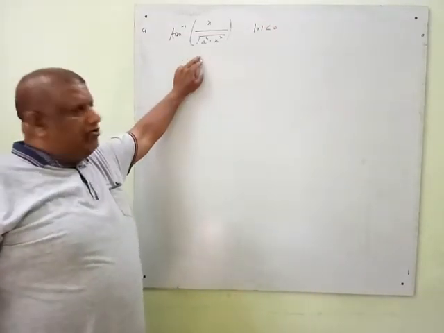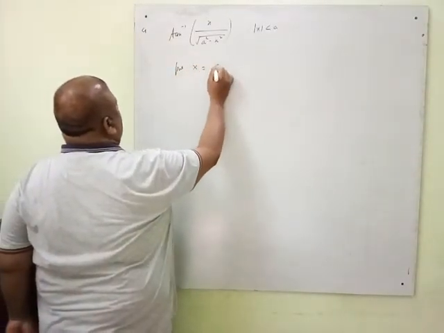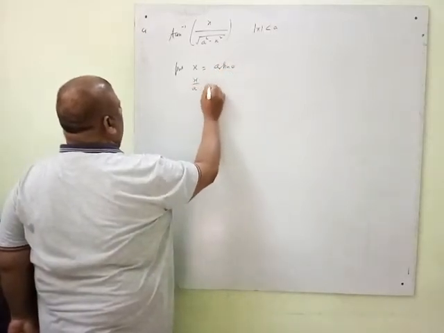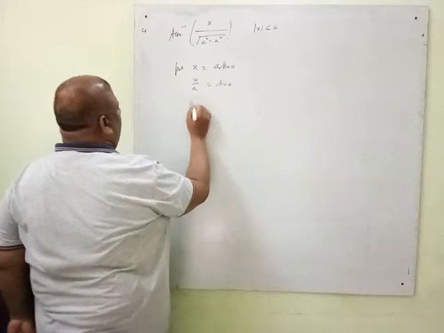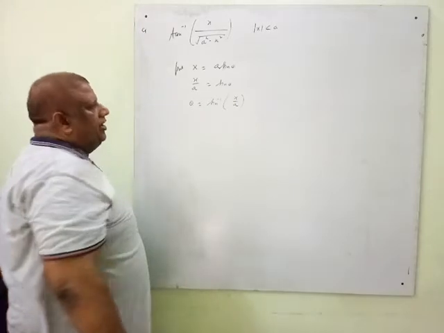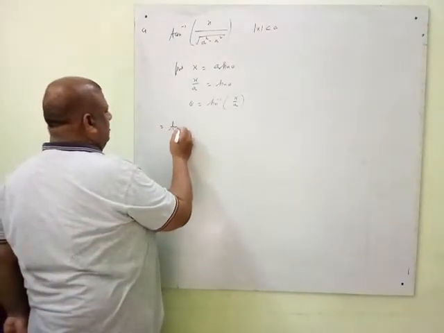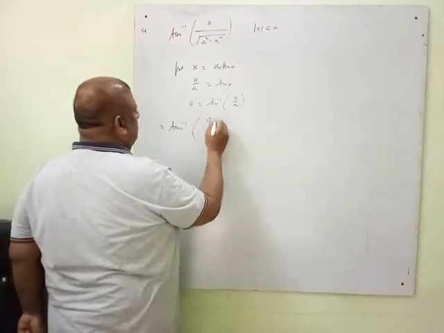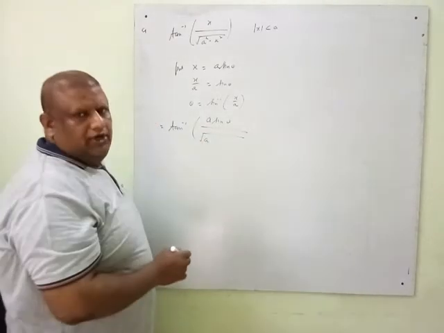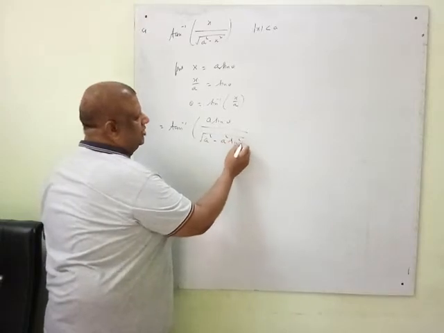So as I told you earlier, here we will put x equal to a sine theta. x upon a is sine theta, and from here theta is sine inverse x upon a. Later on we will use this. So the given expression is tan inverse of a sine theta upon under root of a square minus a square sine square theta.